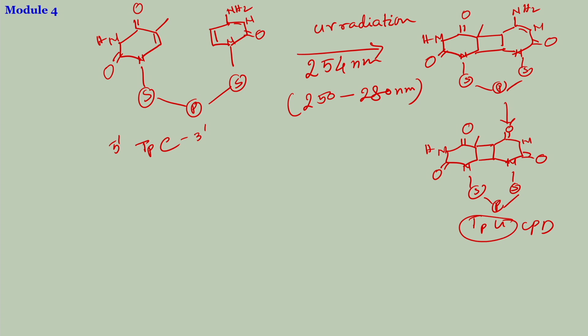So, here again from the cytosine you are coming down to uracil plus the 6,4.